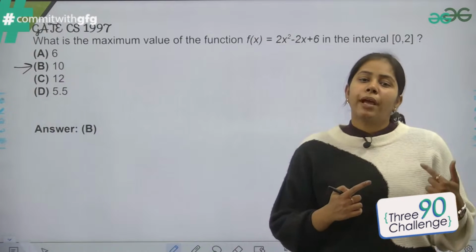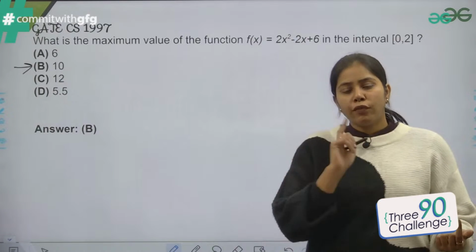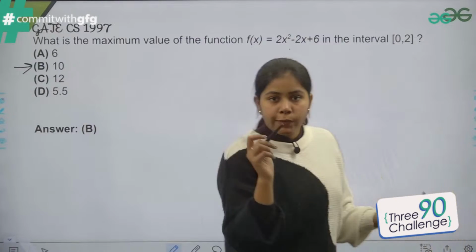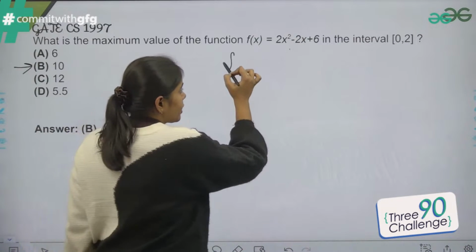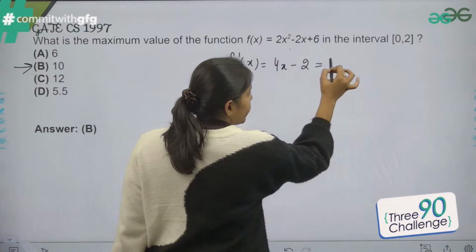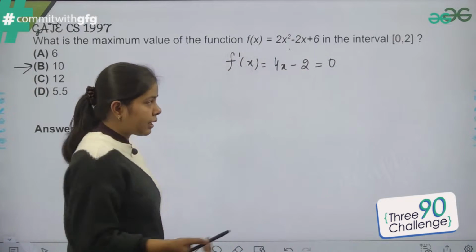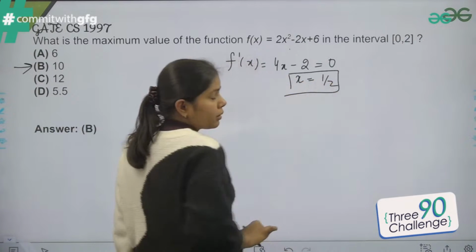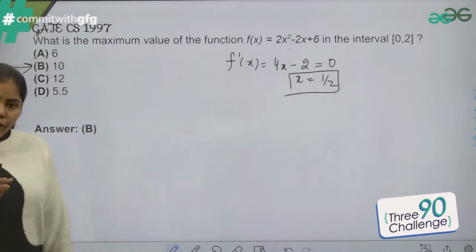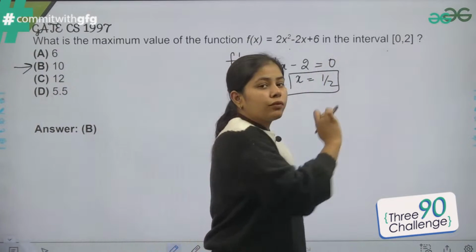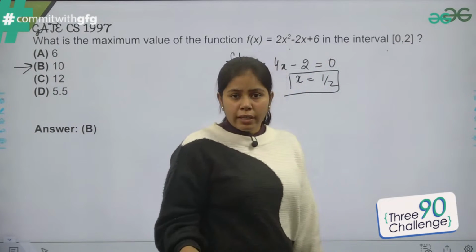For maximum and minimum value I have to work with the first derivative test or second derivative test, right? I'll take f dash x, which gives 4x minus 2, and equate it with 0. That gives critical points, so x equals 1 by 2 is one of the critical points. But when we have a closed interval, the endpoints of this interval are also critical points.